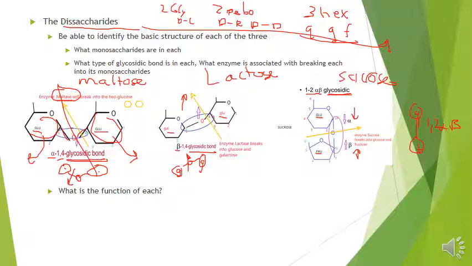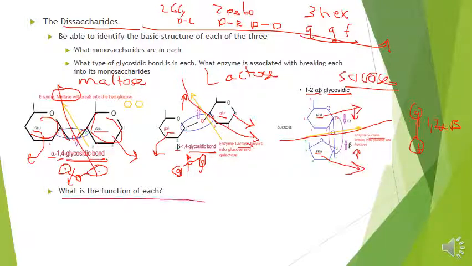When we eat lactose, there's an enzyme called lactase which will break it, so the galactose and the glucose will go off. And then finally, sucrose. When you eat sucrose, there's an enzyme called sucrase which breaks that bond to release glucose and fructose. And I go over the function of each in the PowerPoints.